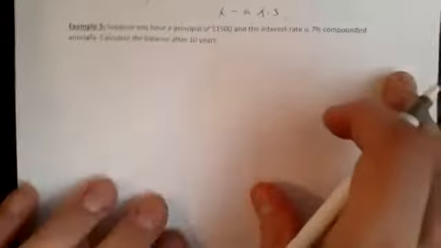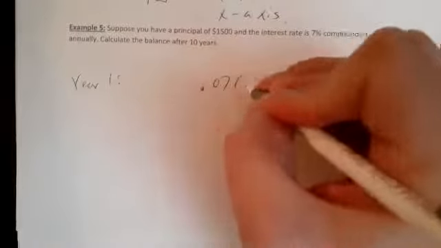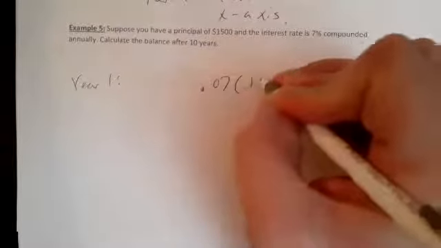I want to think about this a little bit. If I think about just the first year, how much this is going to earn, in interest it's going to earn 7% of 1,500. And so this is the interest.